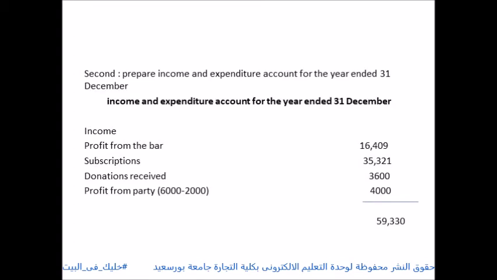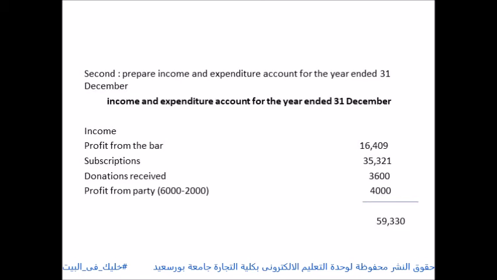Subscriptions 35,321. Donations received 3,600. Profit from party, which is revenues minus expenses, and they are mentioned in the trial balance before, 6,000 minus 2,000, which equals 4,000. So the total of the income will be 59,330.